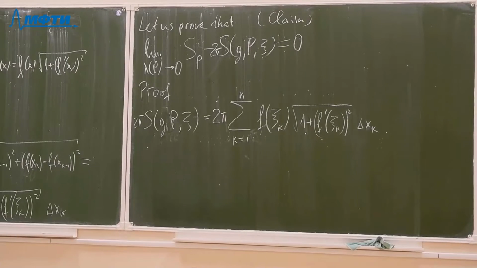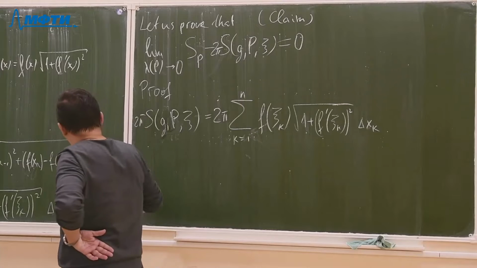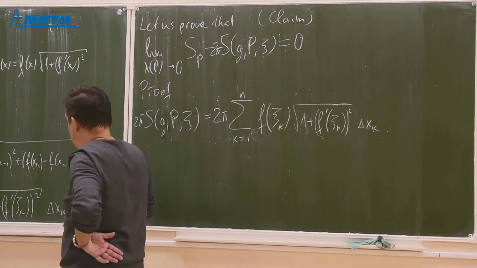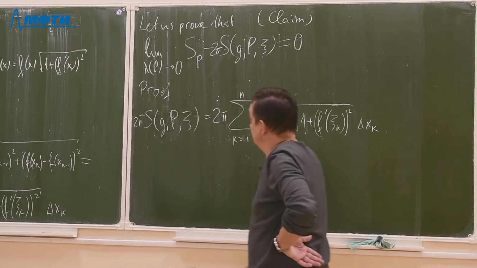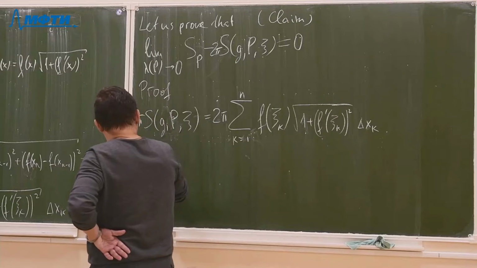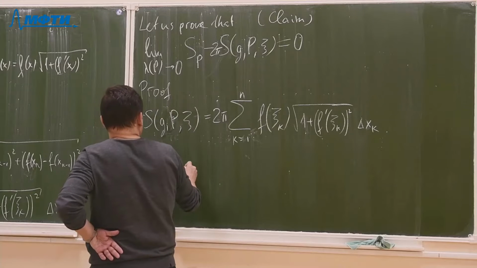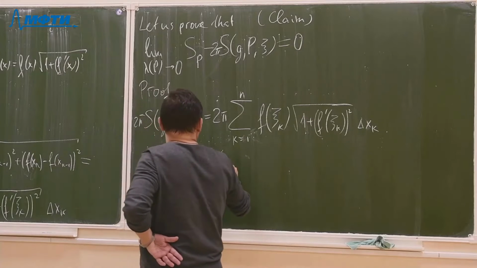So you see, this is the integral sum for that function times 2 pi, and the other sum is written here. So what is the difference? Let me estimate the difference between those expressions.